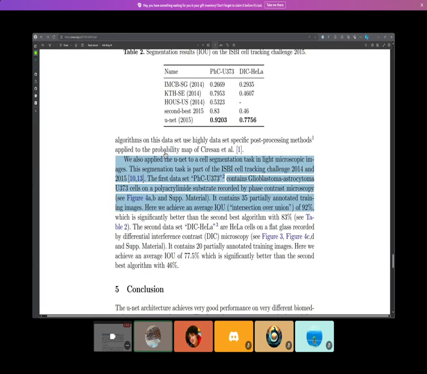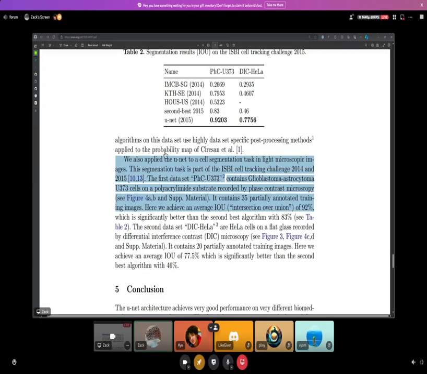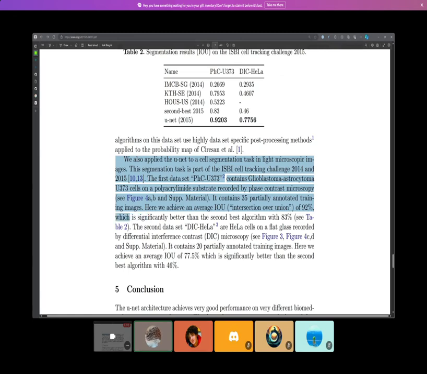It contains 35 partially annotated training images, where we achieve an average IOU (intersection over union) of 92%, which is significantly better than the second best algorithm at 83%.